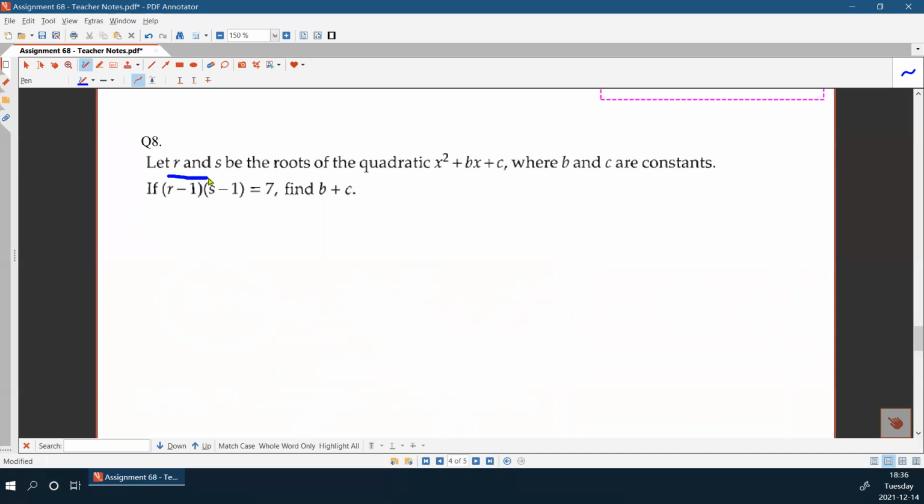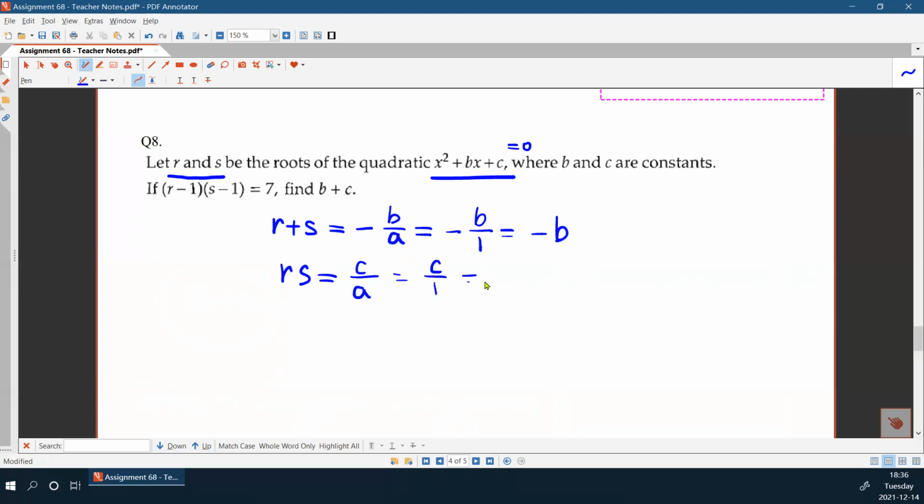Because R and S are roots of this quadratic equation, the sum of the two roots always equals minus b over a, right? Which is minus b over 1, which is minus b. And the product of these two roots always equals c over a, which is c over 1, which is c, right? Can you see that?